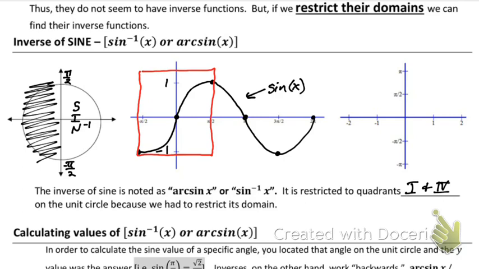So we're going to go (-1, -pi/2). That'll be my first point. (0, 0), you flip it, it is still (0, 0). Finally, my x value here is pi/2, my y value is 1. So this is the point (pi/2, 1). Flip it, it becomes (1, pi/2), so we go (1, pi/2).